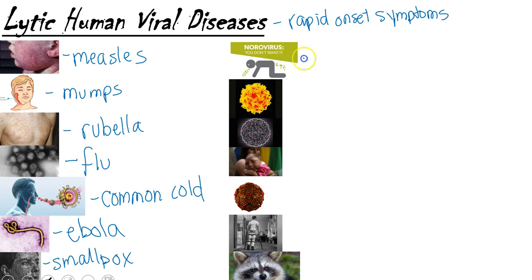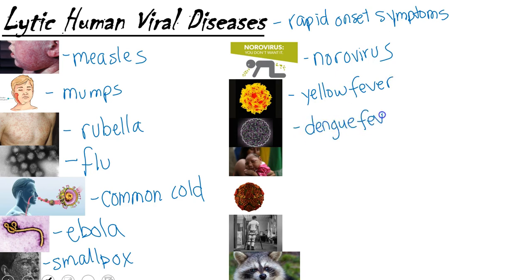Things like norovirus, which causes violent vomiting and diarrhea. You also have things like yellow fever, dengue fever, Zika, and West Nile, which are all transmitted by mosquitoes.